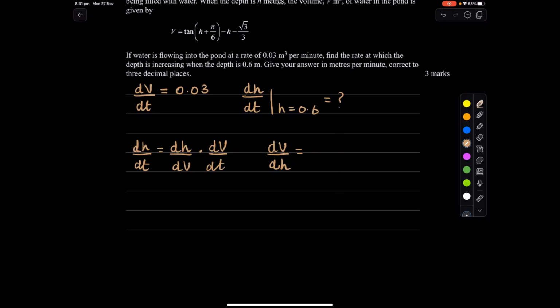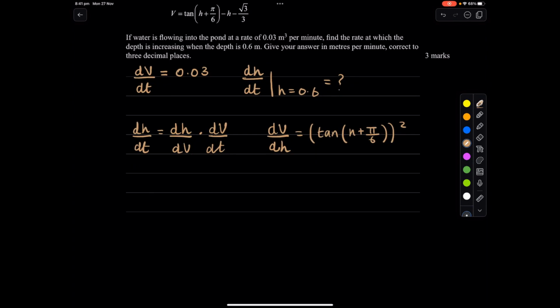So let's write that down. That can be written as tan(h plus pi over 6), pretty much all squared. Now we've got this, and what we want to do is reciprocate it.